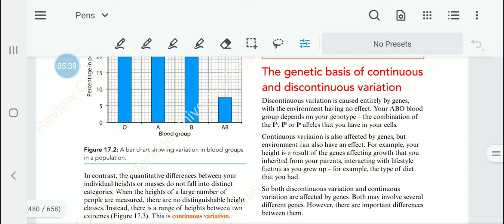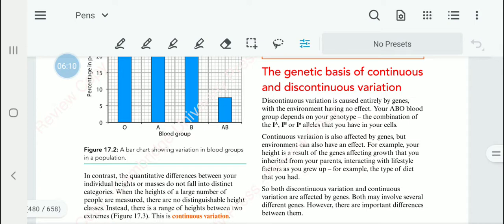Now, when you take continuous variation, yes, there is an effect by the genes. They are affected by genes, but the environment will also affect that. Like we discussed in the earlier situation, when a plant is growing to become tall, the gene is there, but still it will not grow tall because it doesn't have sufficient nutrition to grow tall.